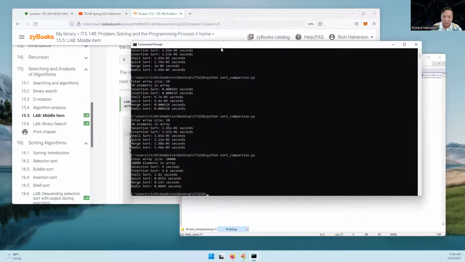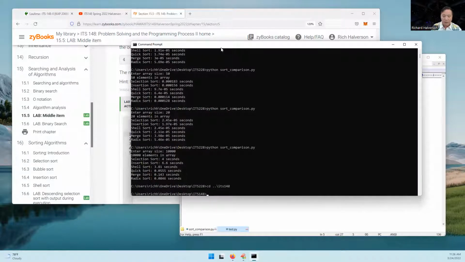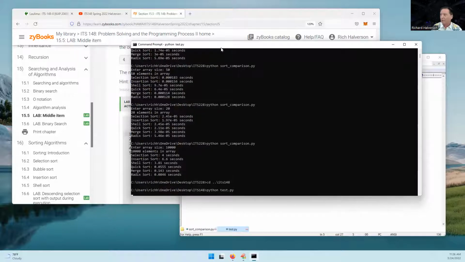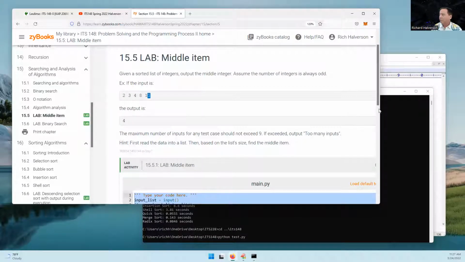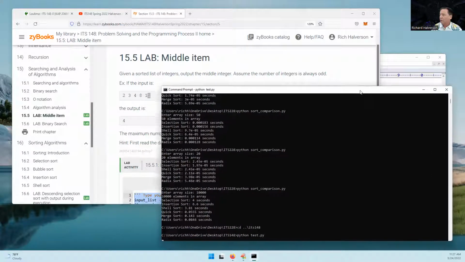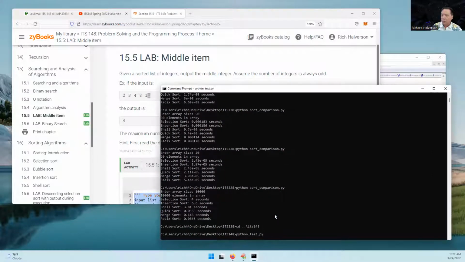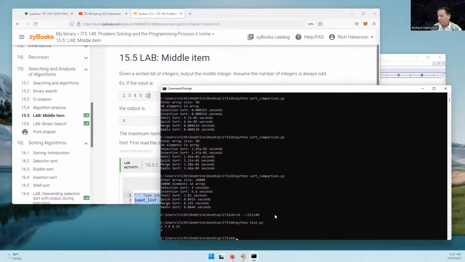I gotta go back to cd /ITS148 because that's where that is. And so I can do python test.py, and it's asking me for whatever it is, and I'm going to put in this: 2 space 3 space 4 space 8 space 11, and what comes out is 4.